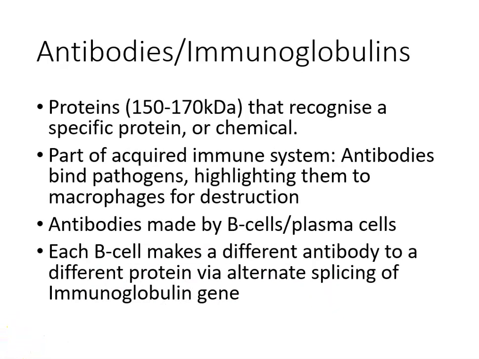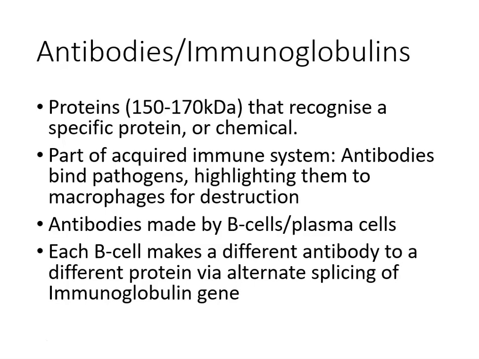So firstly, what is an antibody? And I will refer to them as antibodies. I may also refer to them as immunoglobulins. I'm talking about the same thing. Immunoglobulins, antibodies, they're proteins. They're quite large, 150 to 170 kilodaltons. So that's 170 kilodaltons is 170,000 relative molecular mass.